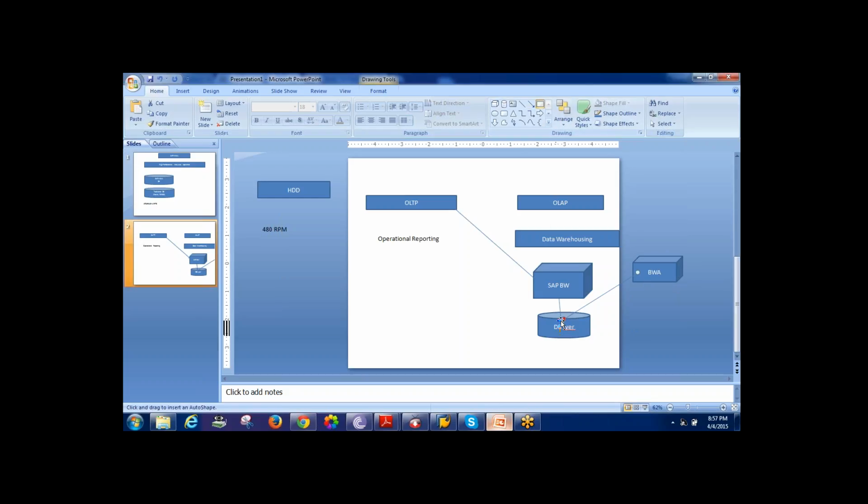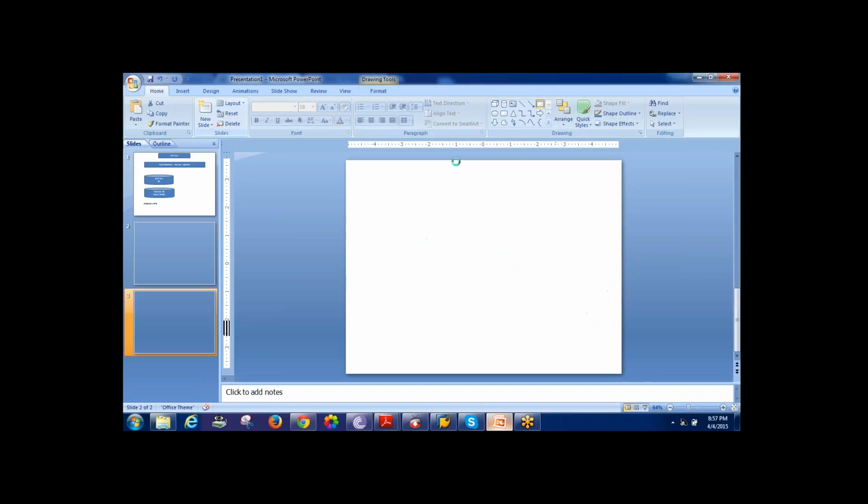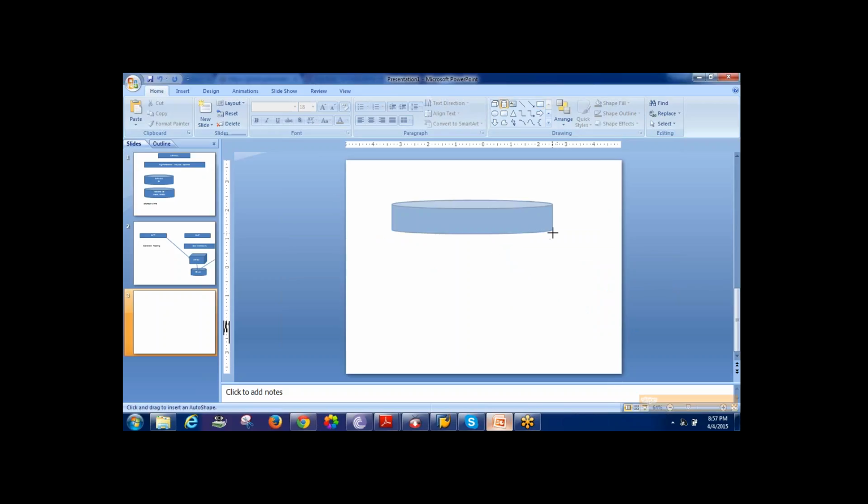How SAP HANA has been developed. This is what SAP HANA is.